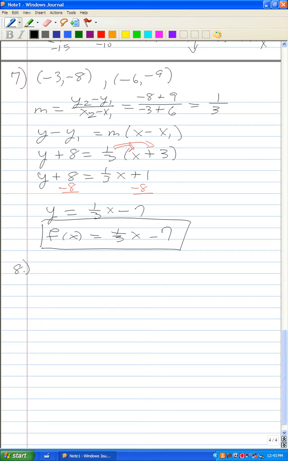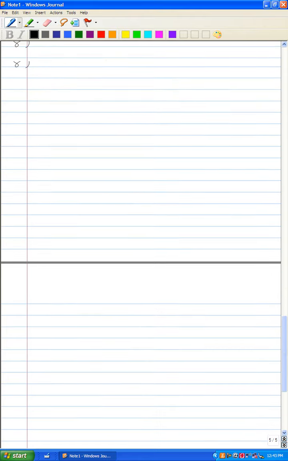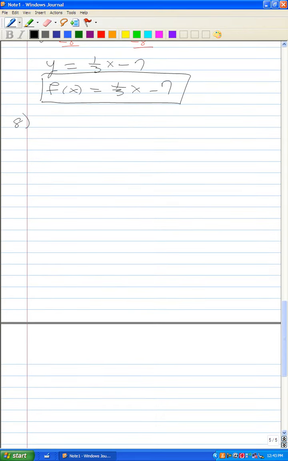8. Graph y less than or equal to negative 2/5 x plus 2, and x greater than negative 3. So this will be a dashed line.